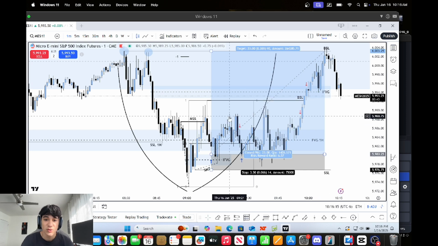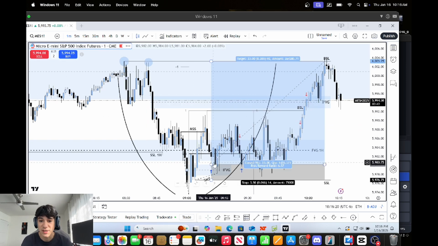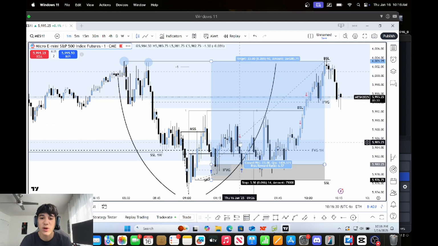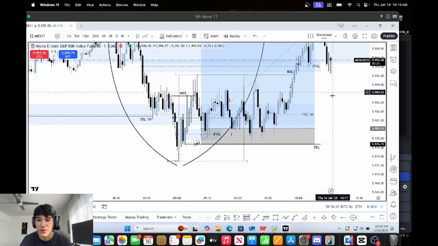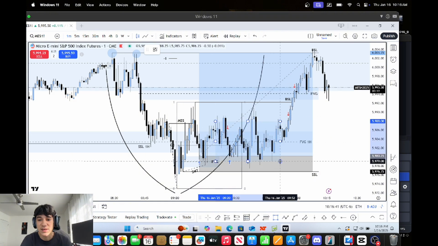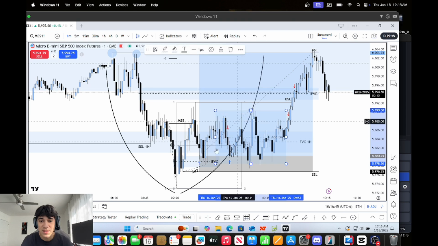And based on my hypothesis, I was expecting price to get a good jump out of here and hit the buy side within this curve. Not that this is any mathematical curve, but I want to see price with volatility and displacement like what we got right here.